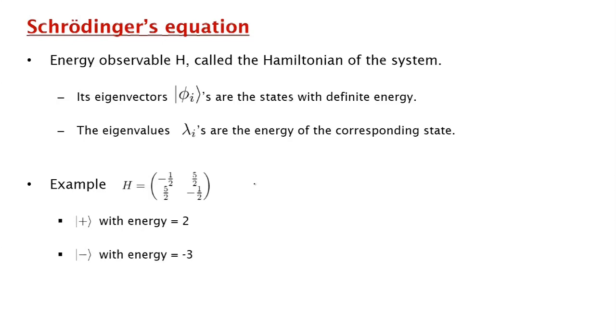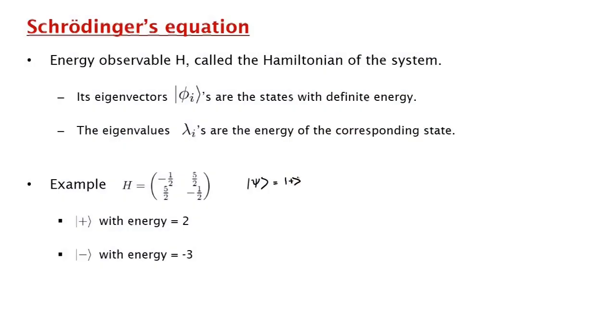It means that if the state of your system psi happens to be plus, and you measure the energy, you'll always see 2. So no matter what, if you have many copies of this state psi and you measure each one, you'll always get the reading that the energy is 2. Similarly, if you had psi equal to minus, and you measured the energy, you'd always see minus 3.